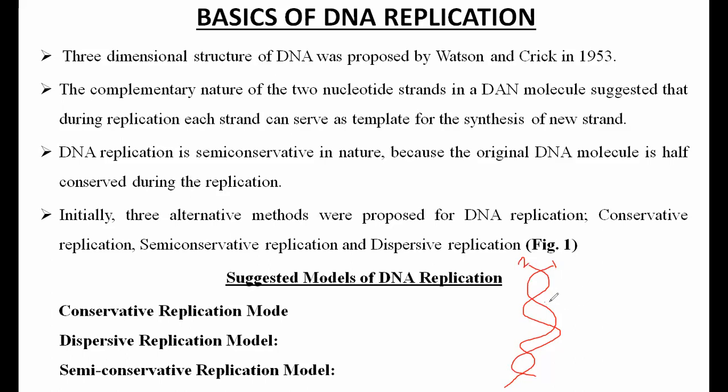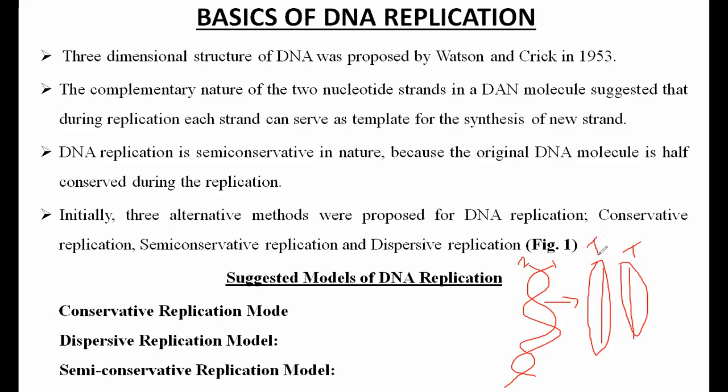Before the DNA replicates, these two strands, which are coiled and twisted together, uncoil. When they uncoil, they become separate single strands. And this single strand is called the template. The single strand of the DNA is called the template.